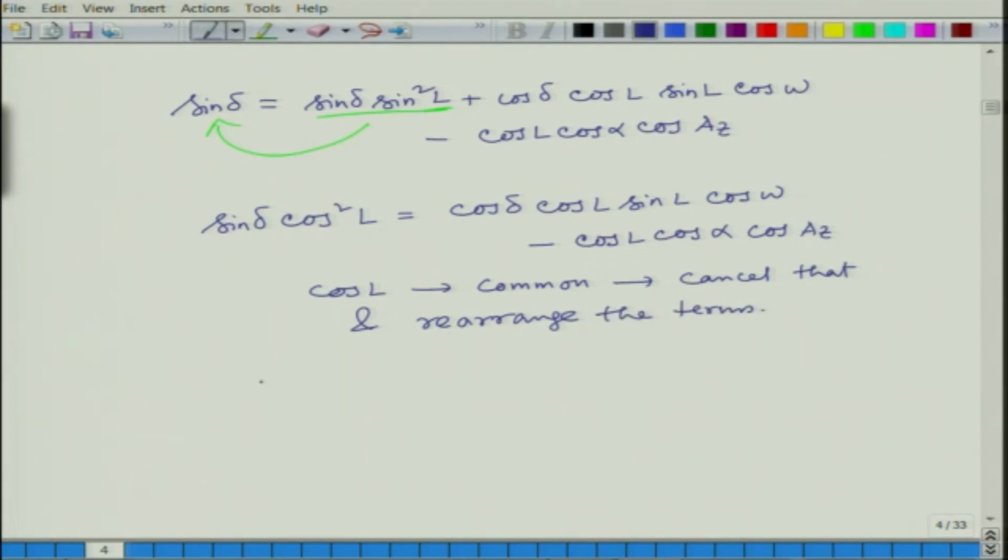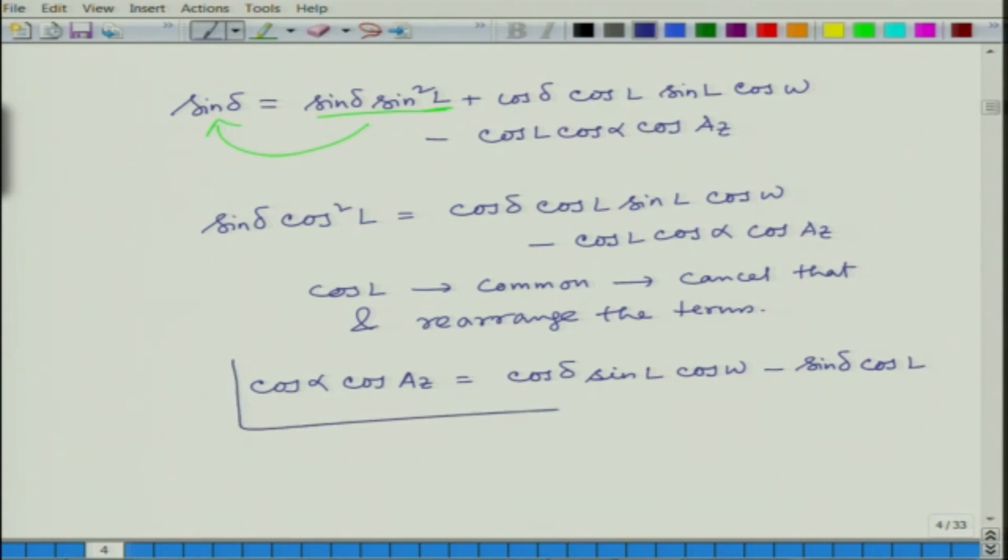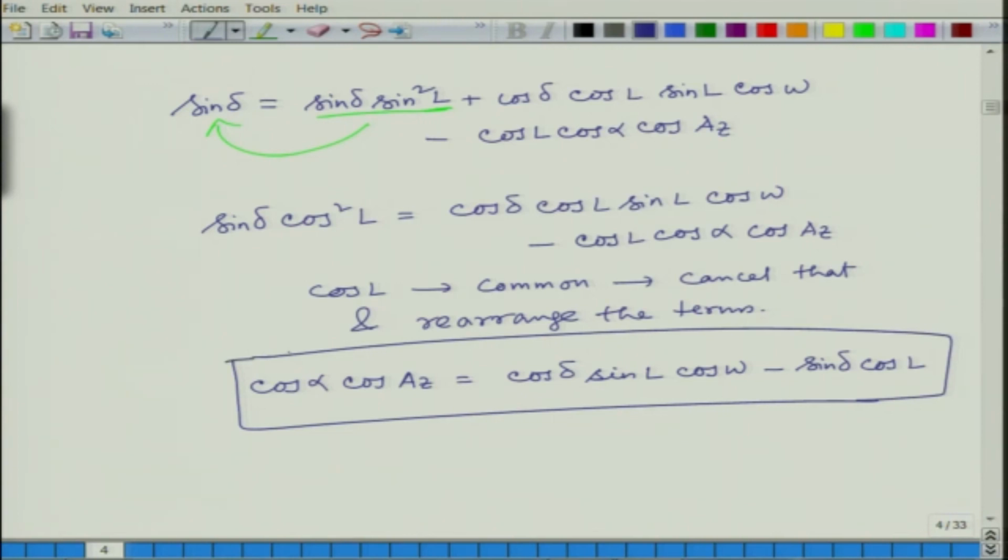What will you get? You get cos of altitude, cos of solar azimuth equal to cos of declination, sine of latitude, cos of hour angle minus sine of declination, cos of latitude. Okay. That is another important angle relationship which we will name as C.